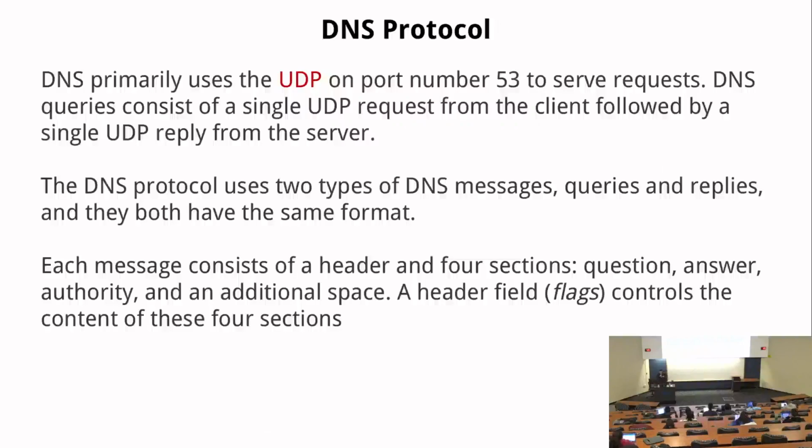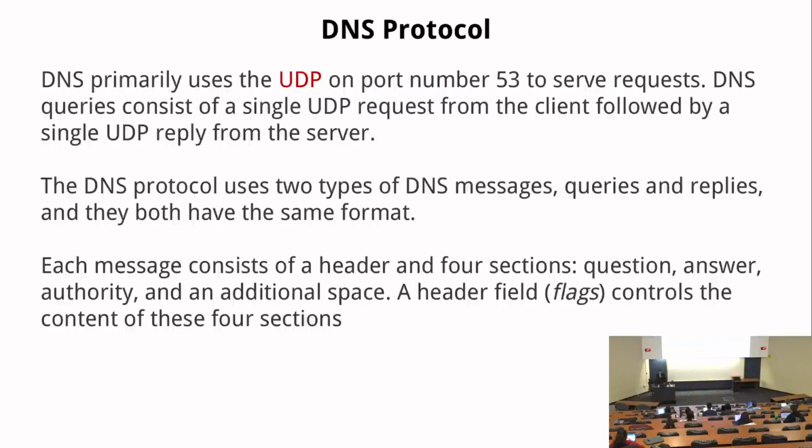So the DNS protocol, how does that work? DNS primarily uses the UDP protocol on port number 53. The odd port numbers are used for UDP protocols, the even numbers are for TCP protocols, like HTTP uses port 80 or 8080.